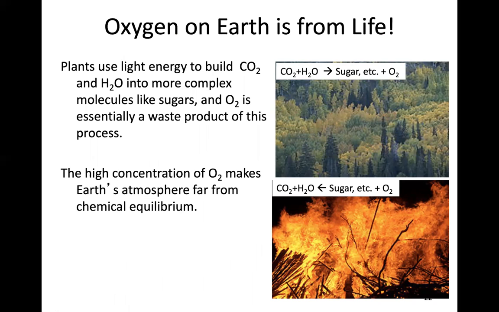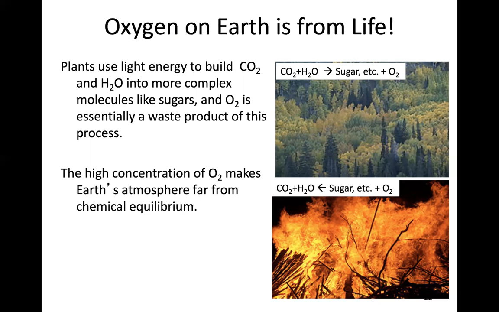Now, if plants die, you can reverse that process by burning them, which turns all of those complex molecules and oxygen back into carbon dioxide and water. But what this is doing is producing oxygen. And the fact that there's oxygen in our atmosphere is basically generated by life.